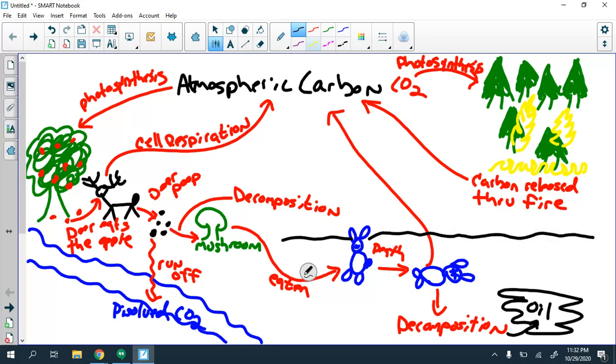Right, this is supposed to be the ground. Right, so now the oil, the dead animals and the dead plants over many, many hundreds of millions of years can become oil.